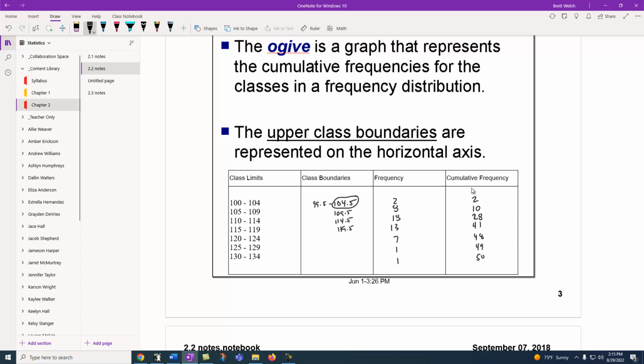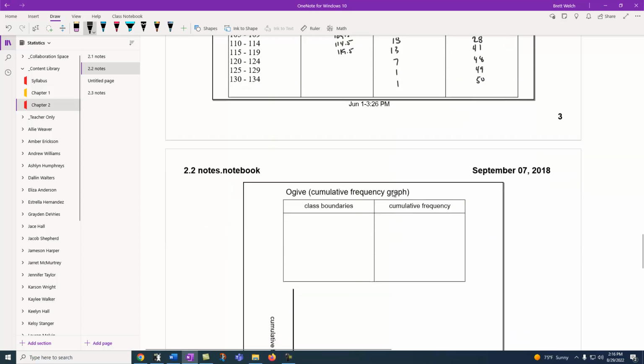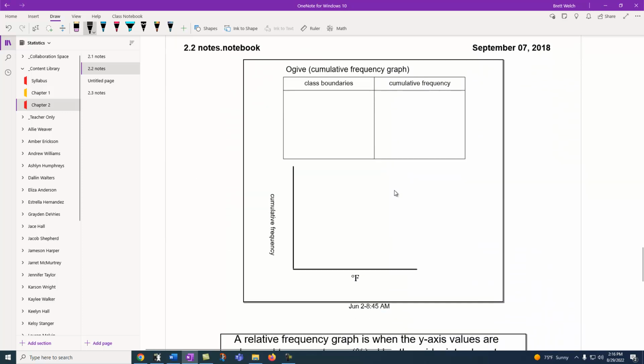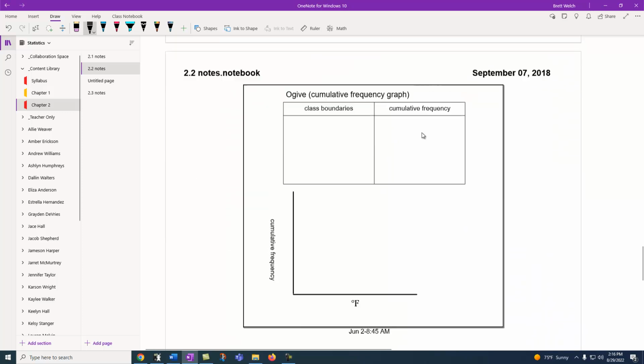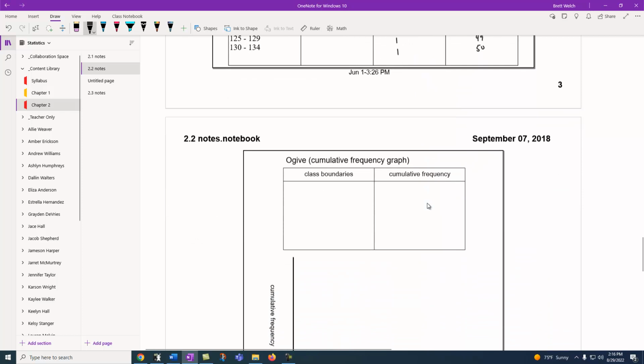And we might say that anything under 99.5 would be 0. So under the 99.5, there are 0 data points there, just to kind of identify how we're starting this graph out. So when we do the ogive boundary and the cumulative frequency, we're really just grabbing those two numbers.